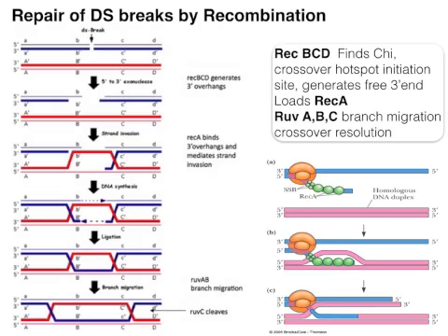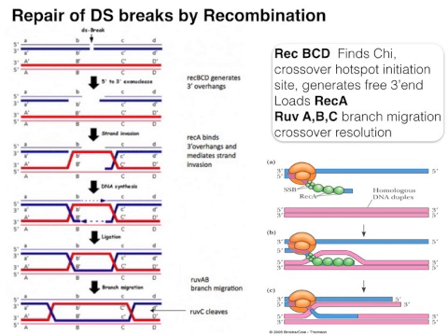Homologous recombination uses the enzymes RecBCD, RecA, and RuvABC. Now, in RecBCD and RecA, the Rec stands for recombination, and Ruv stands for repair of UV damage. So let's look at what happens.